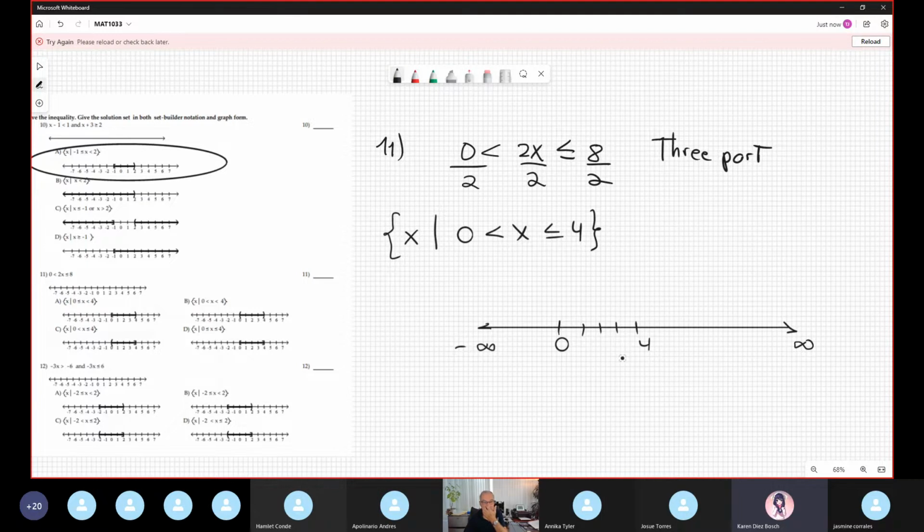The interval is in between 0 and 4. Include 4, bracket, and not include 0, parenthesis. This is equivalent to say parenthesis 0, 4 bracket. Set-builder notation, interval notation, and graphic notation. Cool?